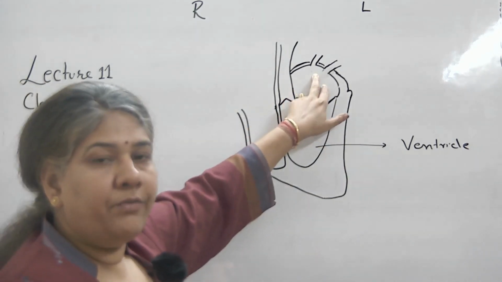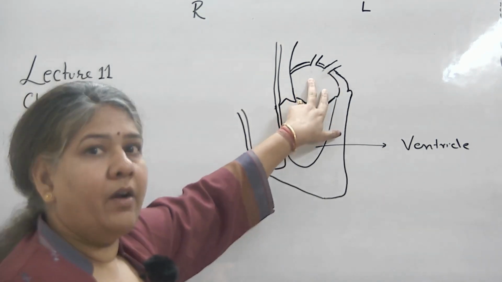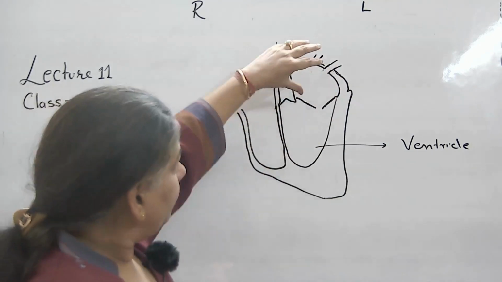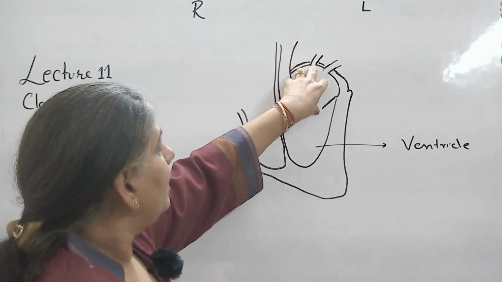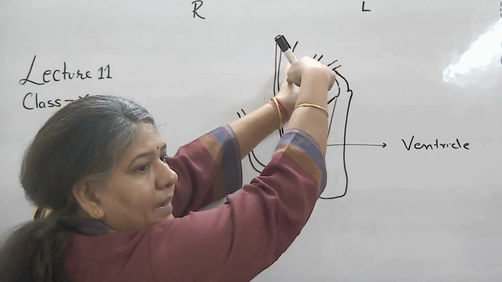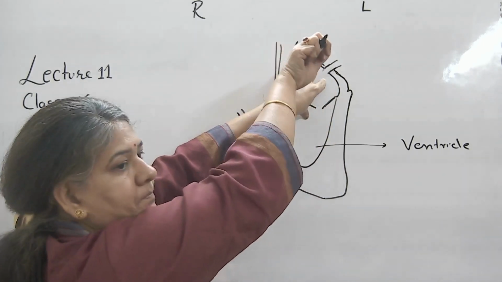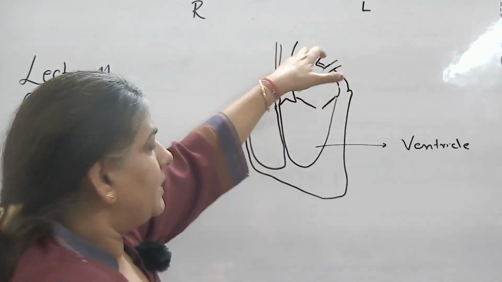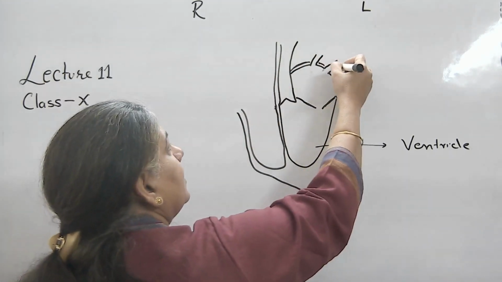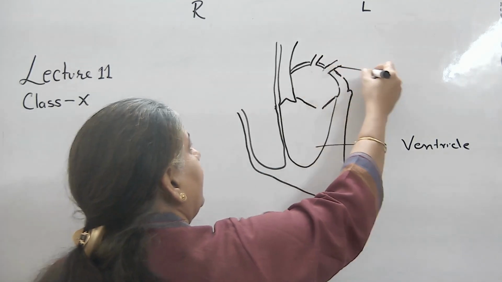There are actually 4 pulmonary veins, but in the diagram we show just 2. If you feel it is a 3D model, then 2 pulmonary veins will be entering from this side, from the upper side. So there are 4 pulmonary veins.